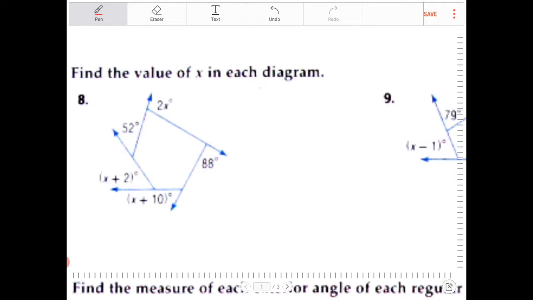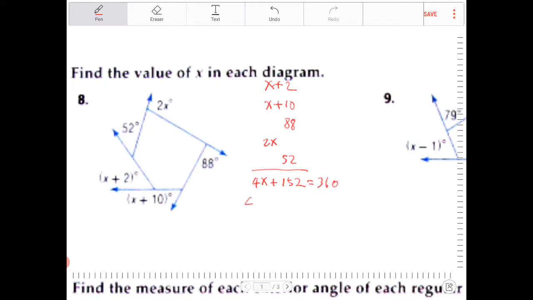So I want to add up x plus 2, 2x, going around, x plus 10, 88, 2x, and 52. If I take 2 plus 10 is 12, 12 plus 88 is 100, 100 plus 52 is 152. Adding up all the x's, I get 4x.